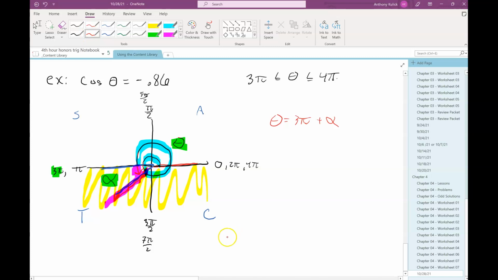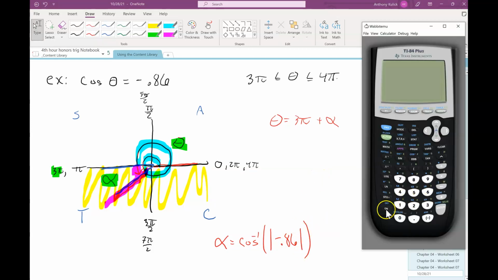Now, alpha in this case is going to just be cosine inverse of the absolute value of negative 0.86. So it's calculator time. 3 pi plus cosine inverse 0.86. Again, notice I didn't bother with the absolute value in my calculator, I just did it in my head.